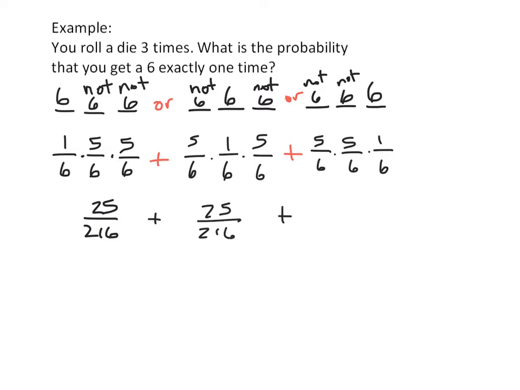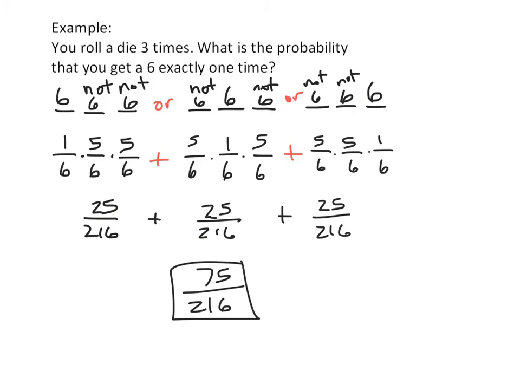They're actually multiplying the exact same fractions, just in a different order. So 25 plus 25 plus 25 is 75 over 216; we keep the denominator because we're adding fractions. Now, there's a shortcut to this process, and I'm going to show you the exact same example on the next screen using that binomial experiment shortcut.